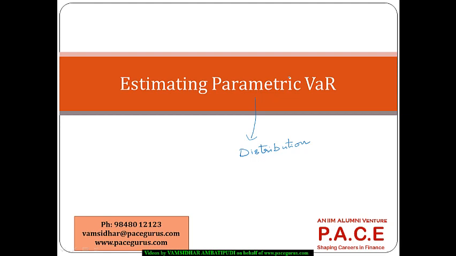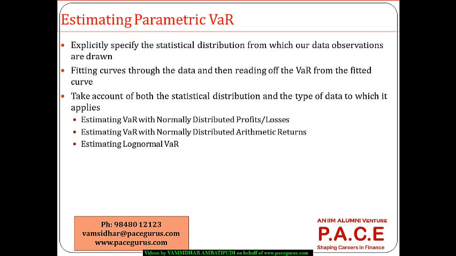Whereas when I bring in the parametric way of estimating the value at risk, the first thing I should be comfortable with is the understanding of the distribution in the data.